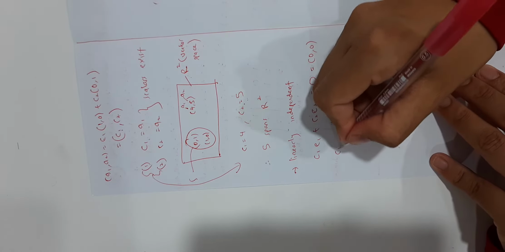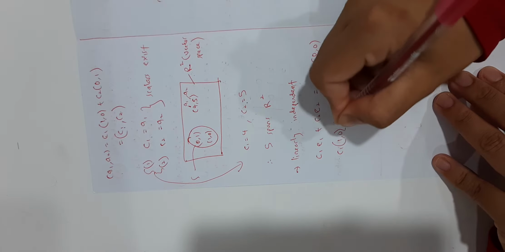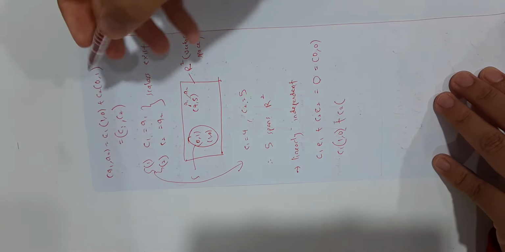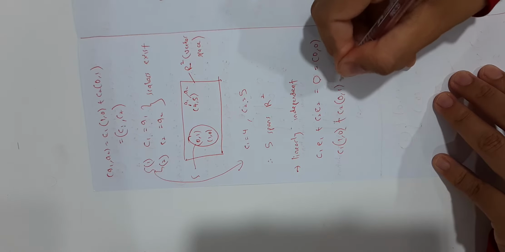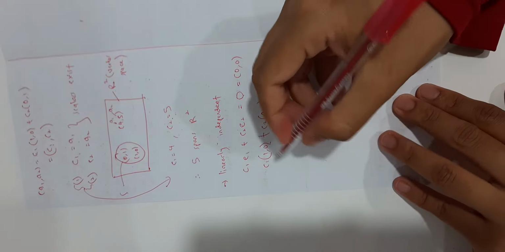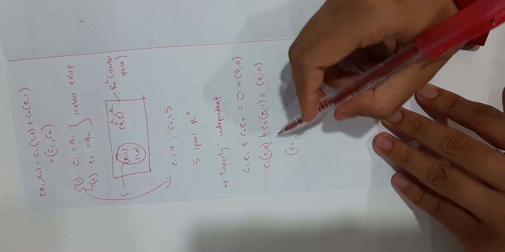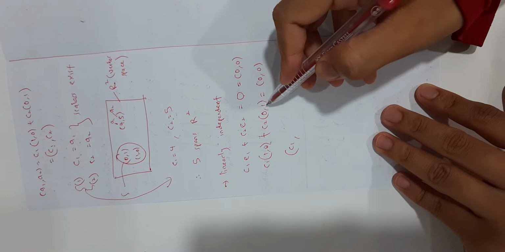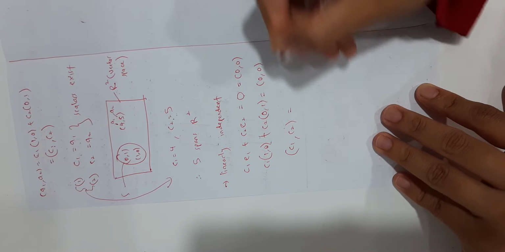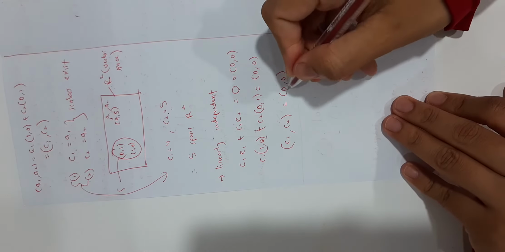What is E1? E1 is (1, 0), plus C2 times E2, where E2 is (0, 1), and that equals (0, 0) on the right hand side. Let's simplify this: C1 plus 0, and the second coordinate is 0 plus C2, equals (0, 0). So if you see this, C1 is equal to 0.